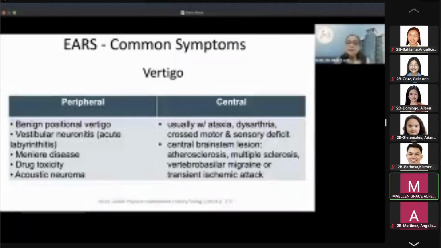Central, as we have discussed earlier, is usually accompanied by ataxia or dysarthria, a cross-motor and or sensory deficit. Usually, it is a central brainstem lesion due to atherosclerosis, but it can also be due to multiple sclerosis, vertebrobasilar migraine, or a transient ischemic attack.